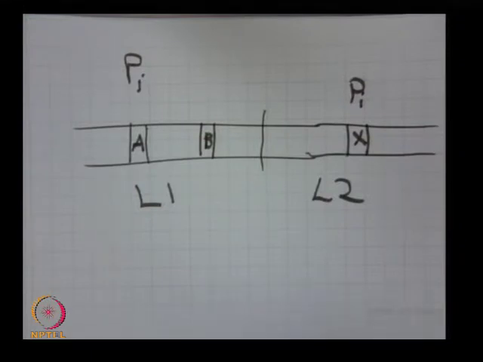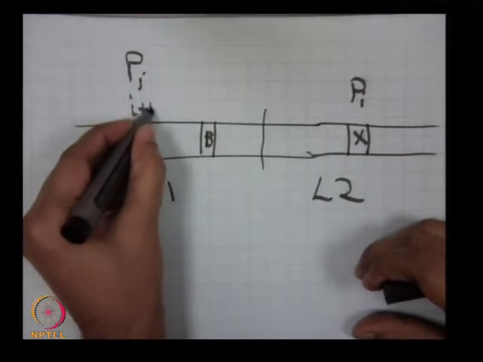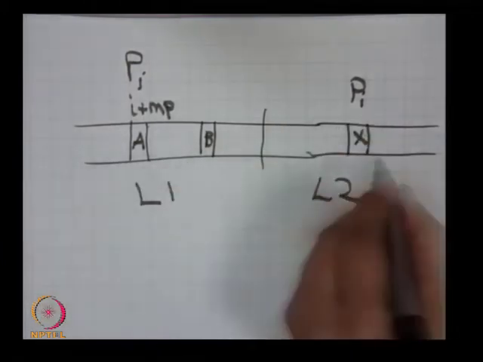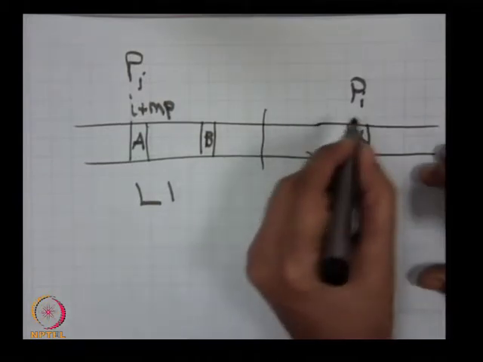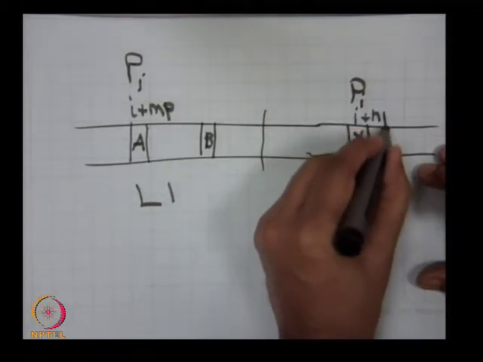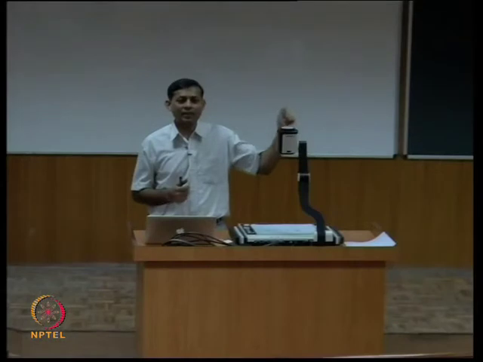So its rank is between A and B. It also says that this is position I plus M times P, and this is the nth thing in its, I'm running out of space here now, so I plus N times P. Alright, so X is the nth element, or the element we have chosen in the second list is the nth element, and it happens to go after the mth element in the first list, the mth element being A.